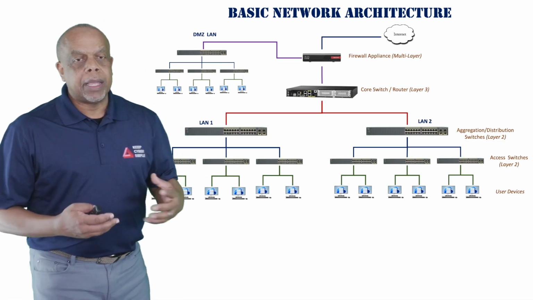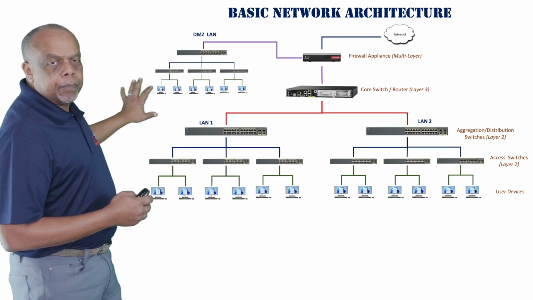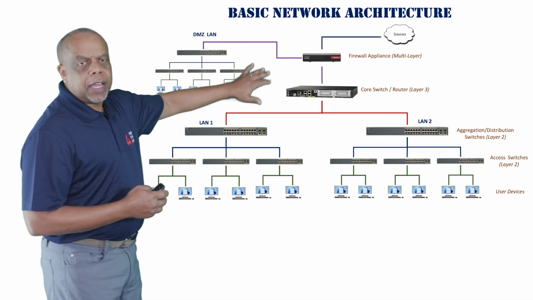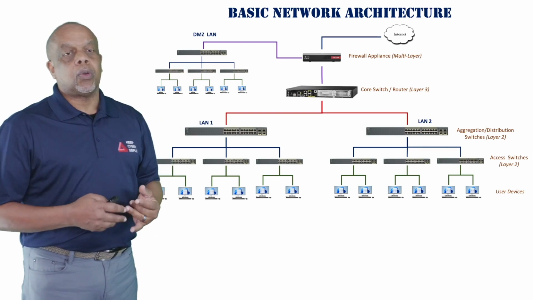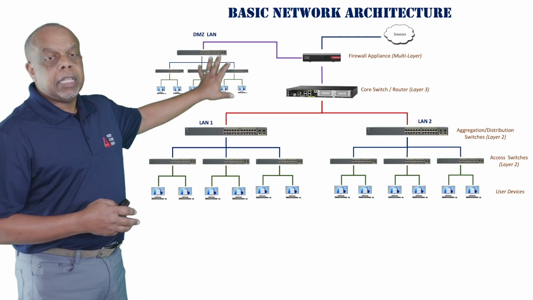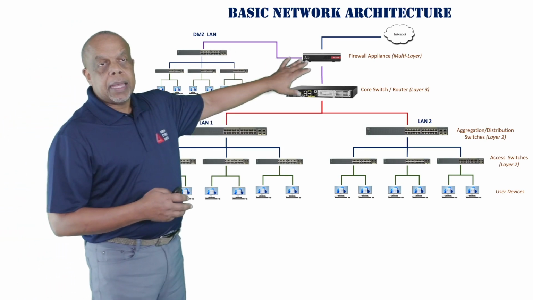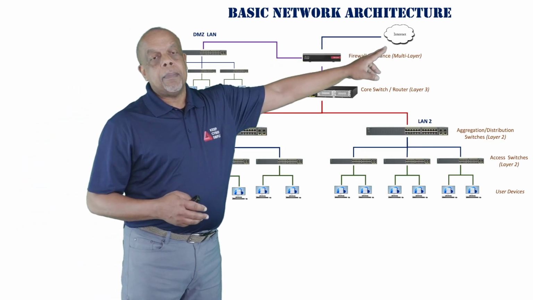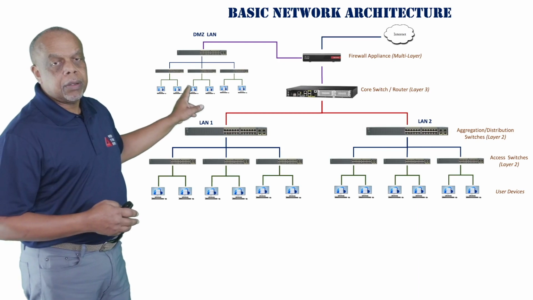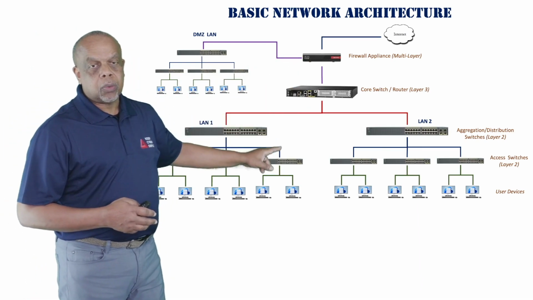We do this quite a bit in networking, where we have a set of devices, or many times servers, such as your proxy servers or web servers, that are sitting here protected by this firewall appliance, meaning that people from the internet may be able to get in and out of here, but not this direction.